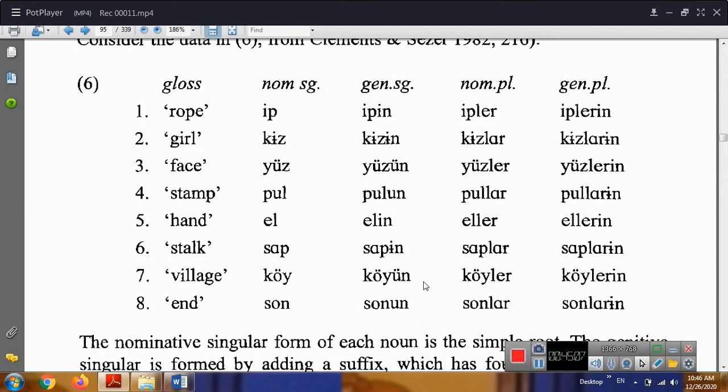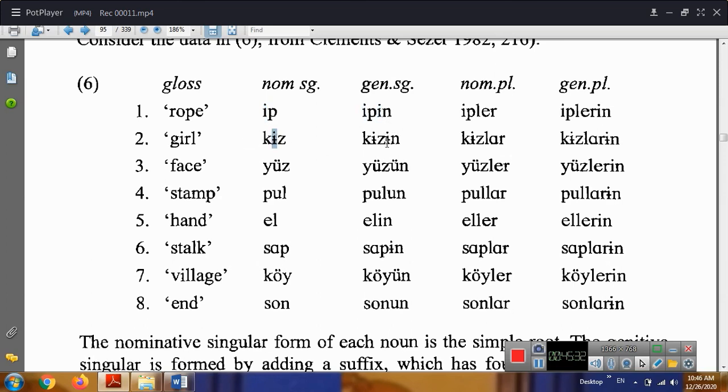Why do we have vowel harmony? Because vowel harmony, as I told you, is one kind of assimilation in which two sounds want to be similar to each other. And here they are not adjacent to each other. Here we have i, therefore the vowel of our suffix can be i. ipin, they are the same.